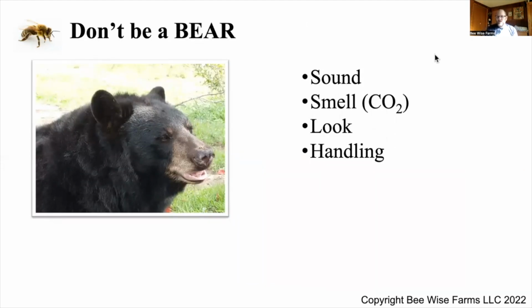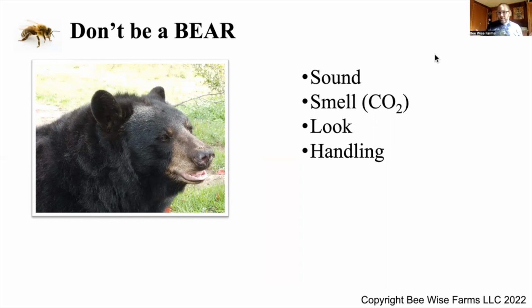Bears are one of the major predators of honeybees, and they will make short work of a bee yard very quickly. But they're also a co-evolved predator with honeybees. Honeybees have evolved with this predator over time, and there are several key indicators from bears that bees will key onto. So number one, don't be a bear. Don't make a lot of noise.